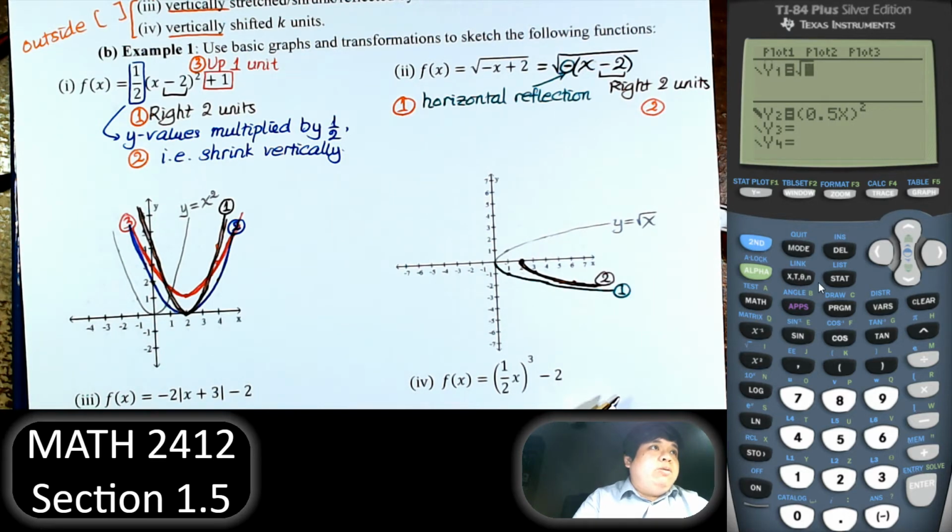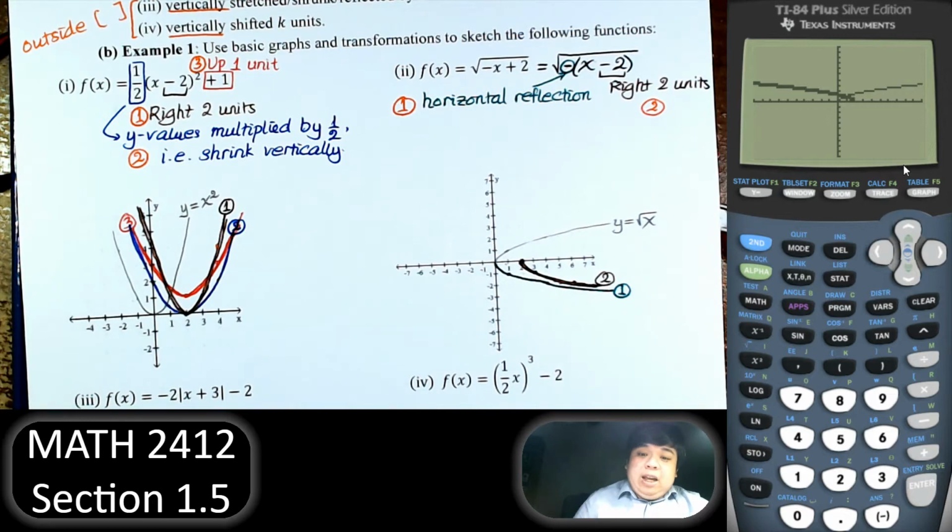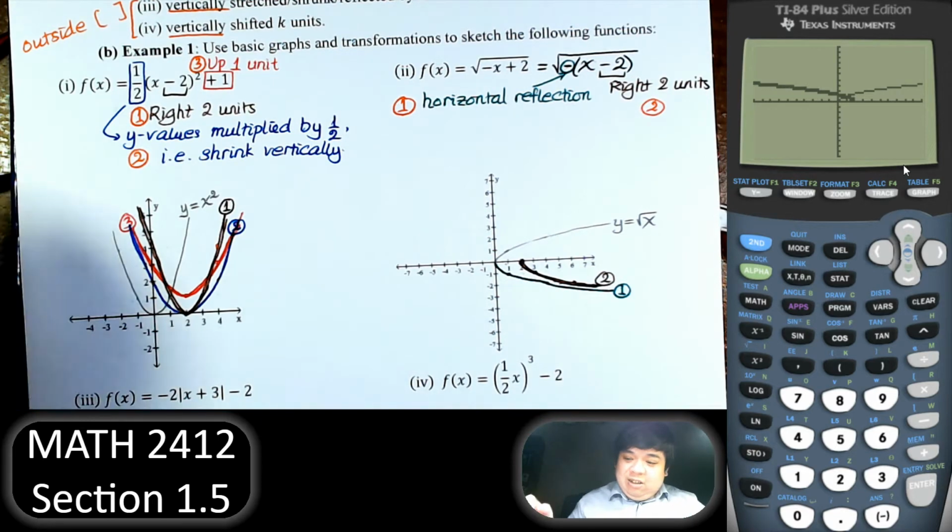Of course, if we want to graph it, first we have square root of x, and then we have square root of, this time, minus x plus 2. Just make this a double line, so that's the square root of x. Yeah, see, that's why we need to check, right?